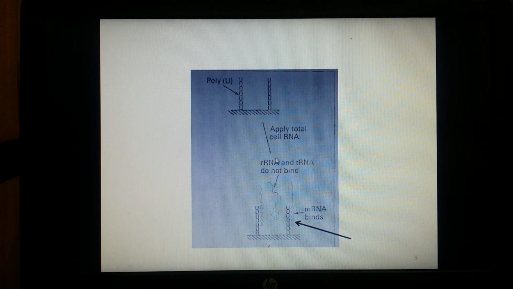Then, because the messenger RNA has a poly-A tail, it binds with the solid matrix. You can see it is shown here. But the ribosomal RNA and the transfer RNA do not have a poly-A tail, so they do not bind with this solid matrix. Here this binding is shown between U and A.